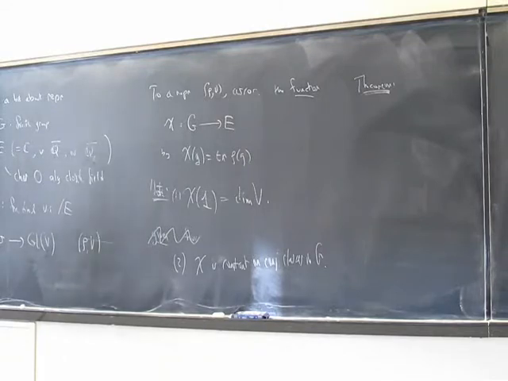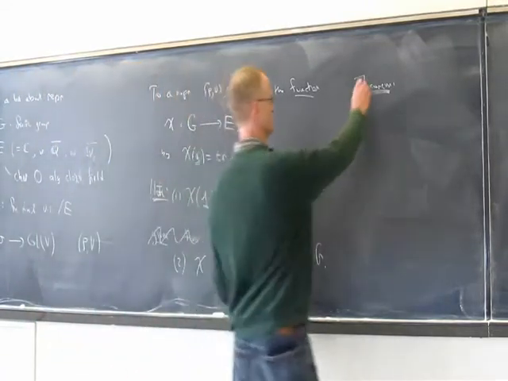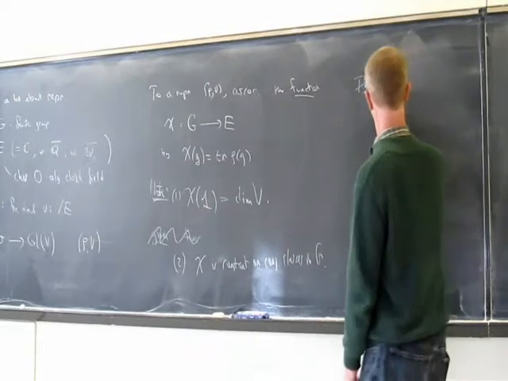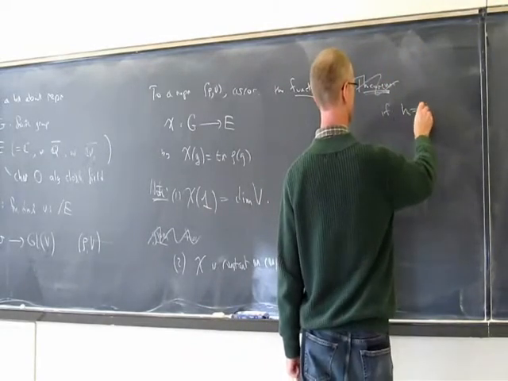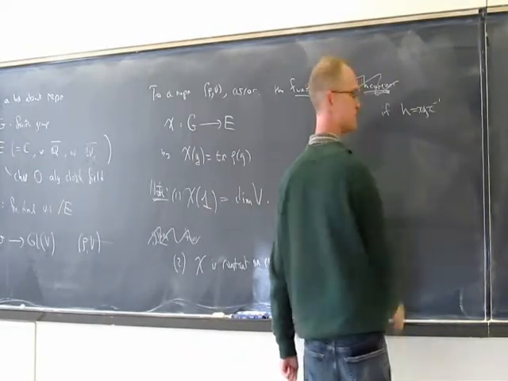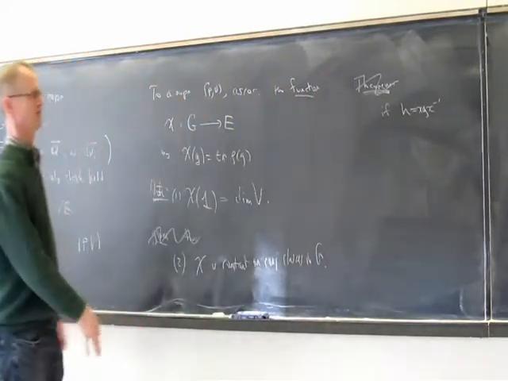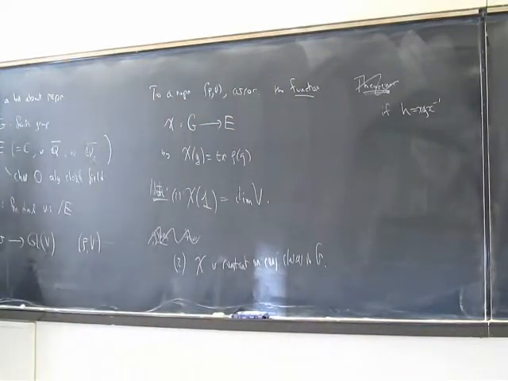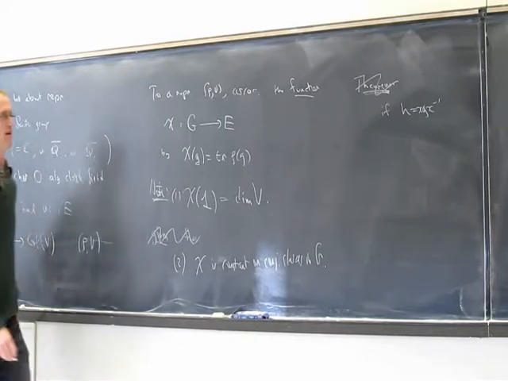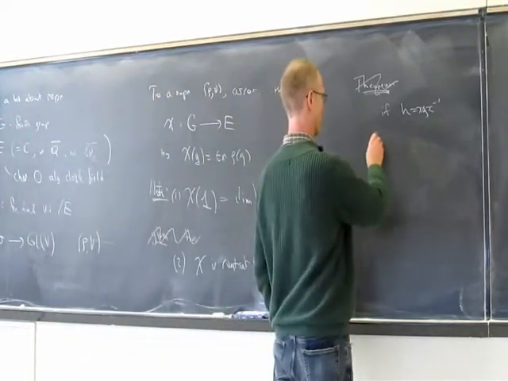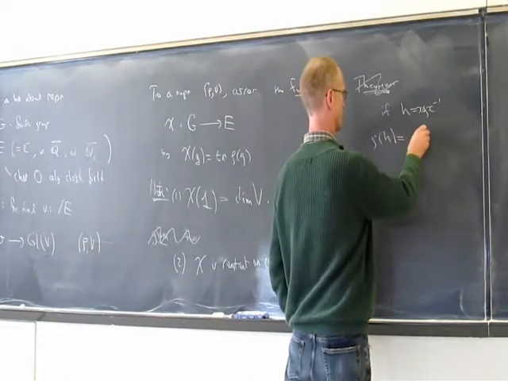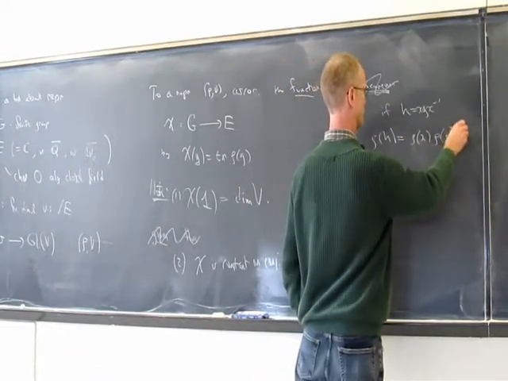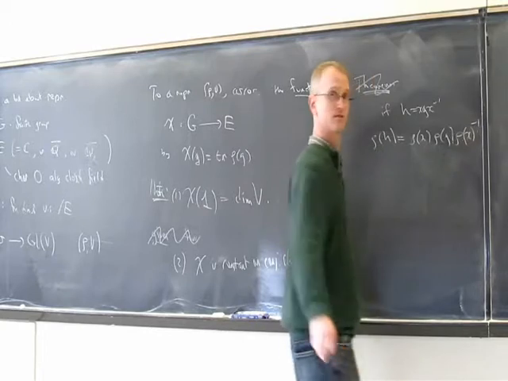So what does it mean to be a conjugacy class in G? If H equals x G x inverse, there's an equation in G. There's a lot of letters, but G and H and x are elements of G, and I get one from the other by conjugating. Then rho of H is rho of x, rho of G, rho of x inverse.